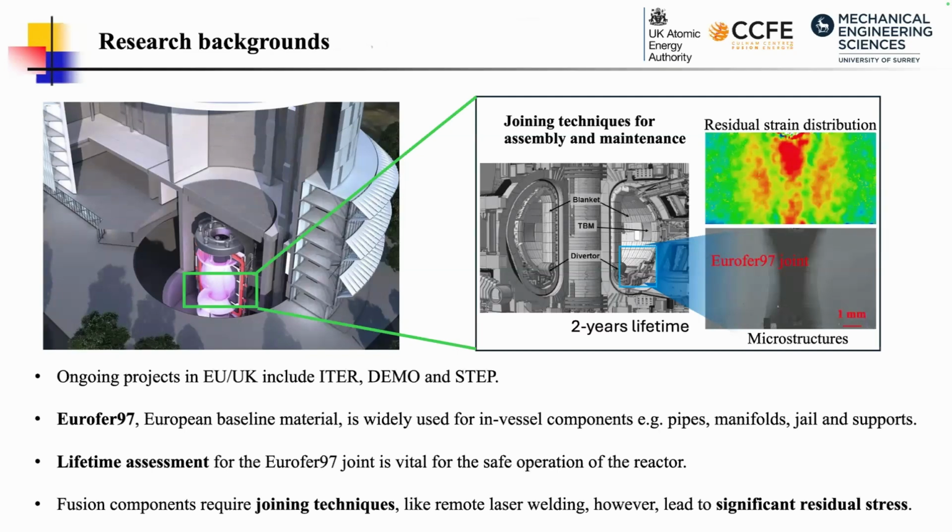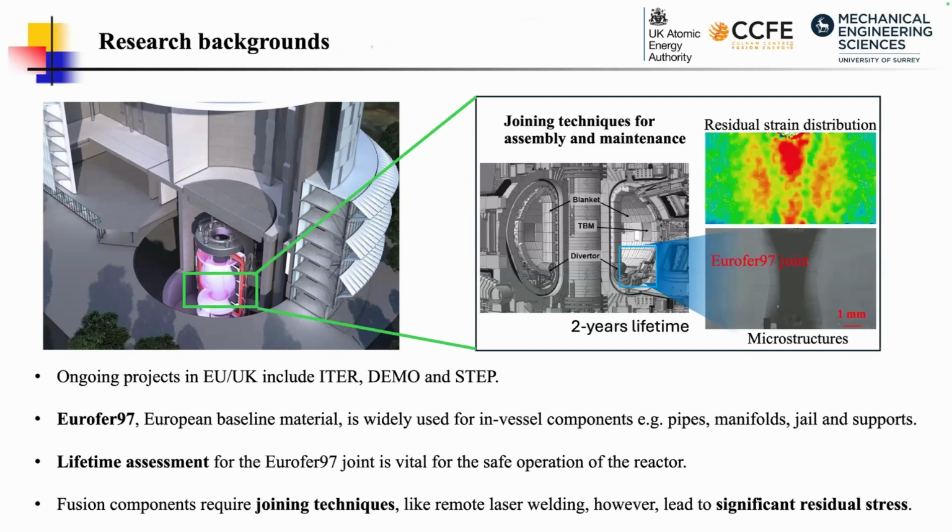And in all of those projects, Eurofer 97 is one of the construction materials to build the reactor, and it can be joined with other materials or itself to achieve different functions. So in that case, the joint of the Eurofer 97 steel is quite important.